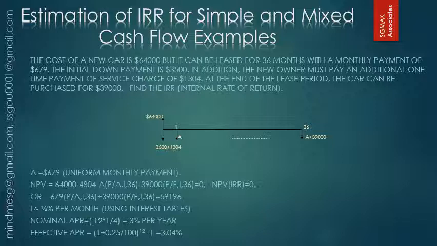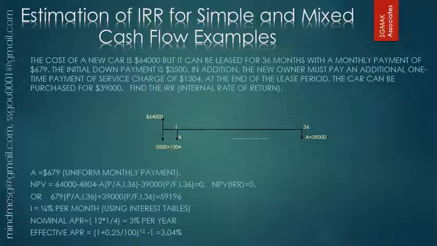So to find the internal rate of return, we set up the equation for net present value with an interest rate unknown, and then set that equal to 0 and solve for the interest rate. That gives you the IRR. So the net present value equation is present value of all the benefits minus present value of all costs.